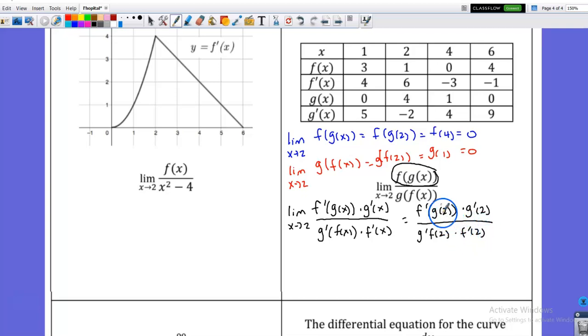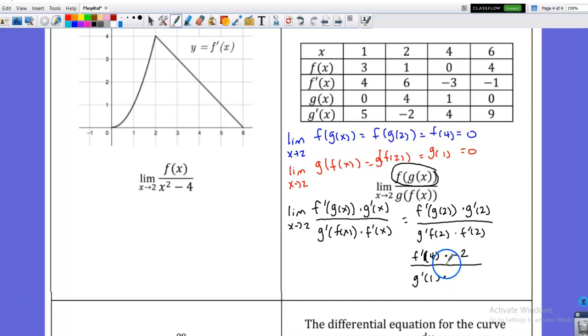Now we go on our treasure hunt. G of 2 is 4, so f prime of 4. G prime of 2 is negative 2. In the denominator, f of 2 is 1. That's a parenthesis there, by the way. I think I'm making it worse.